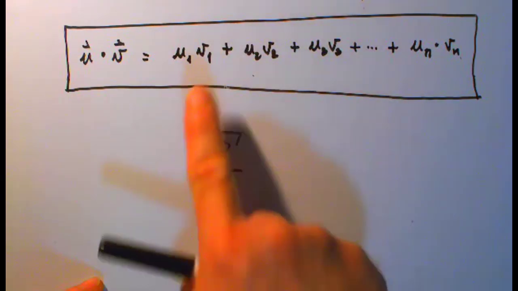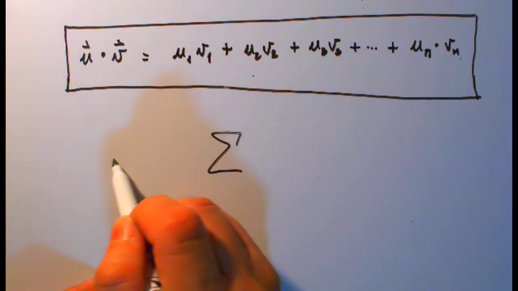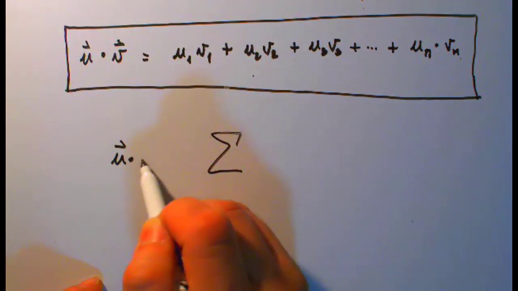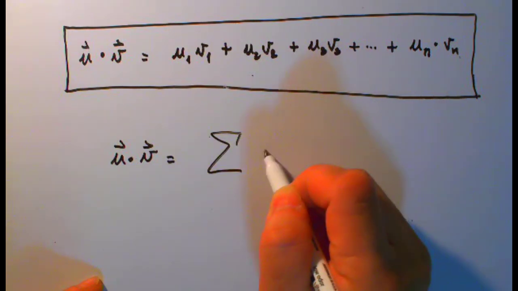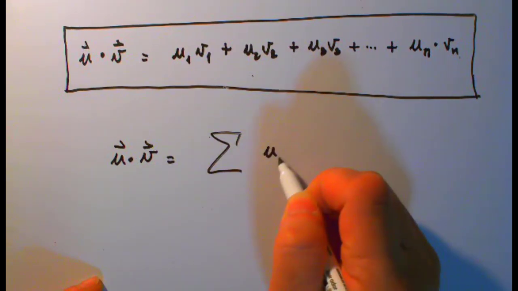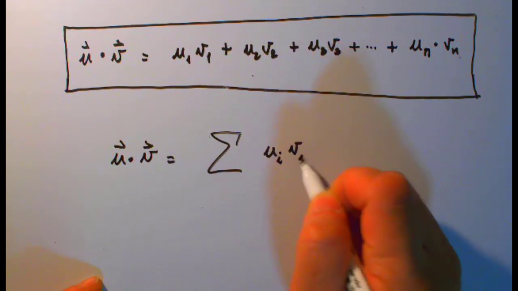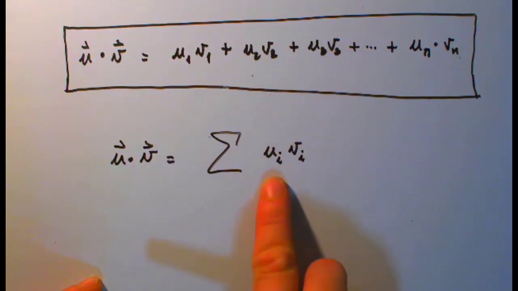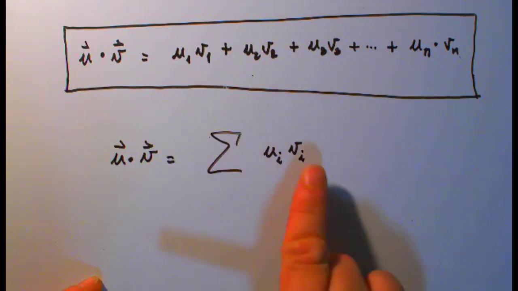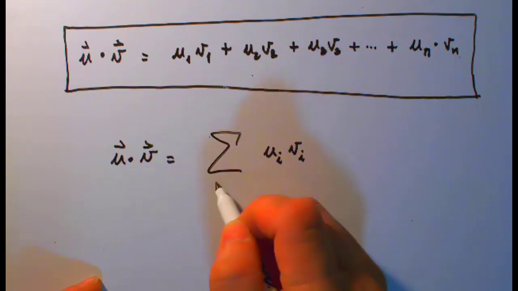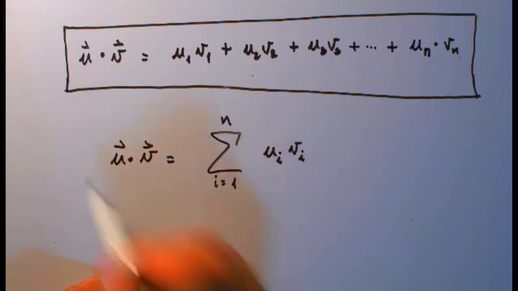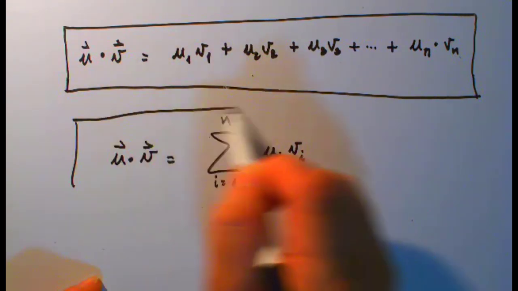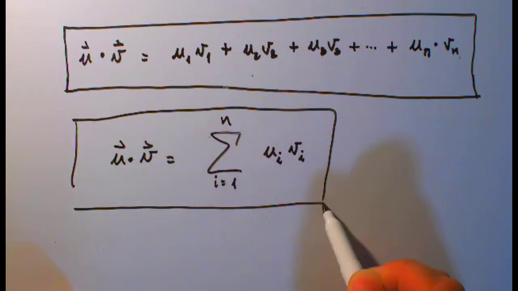The definition can have a different representation: u dot v equals the summation of all pairwise products ui times vi. Each of these with the index i comes from the corresponding components, and these are scalars. Then we're taking the sum for i from the first component to the nth component. That's just something worth your attention to know.